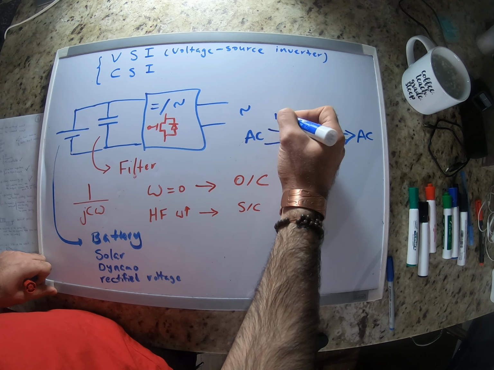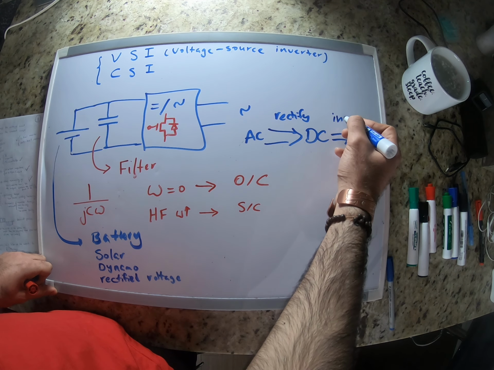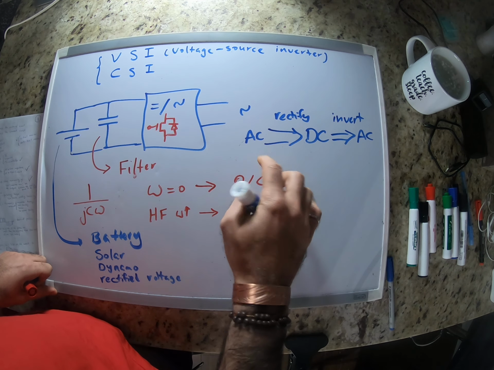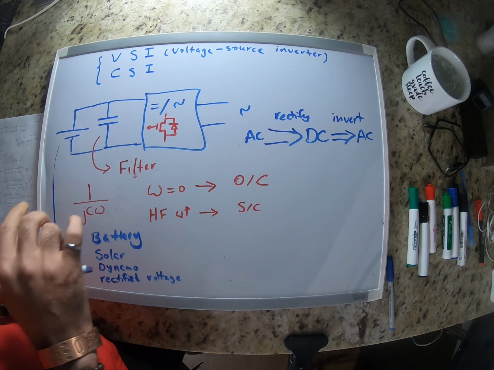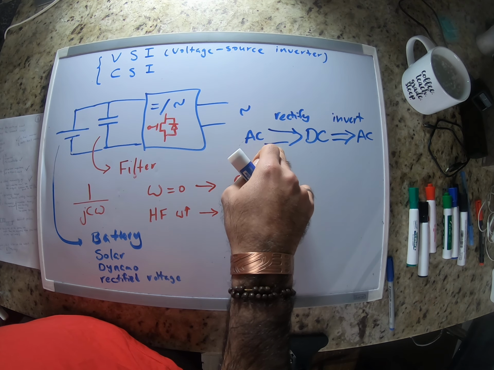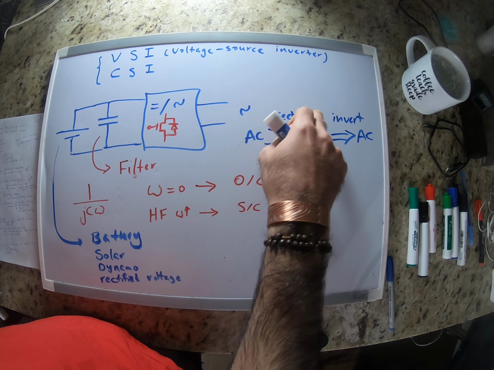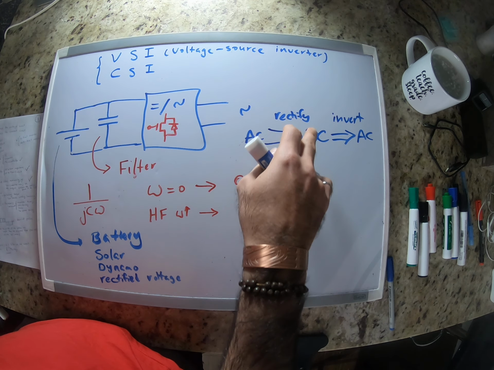So we rectify AC to DC and then invert it back to AC, right? In that case, you guys remember that the rectifier, as we studied before, would not give pure DC, but it has high frequency harmonics as well.